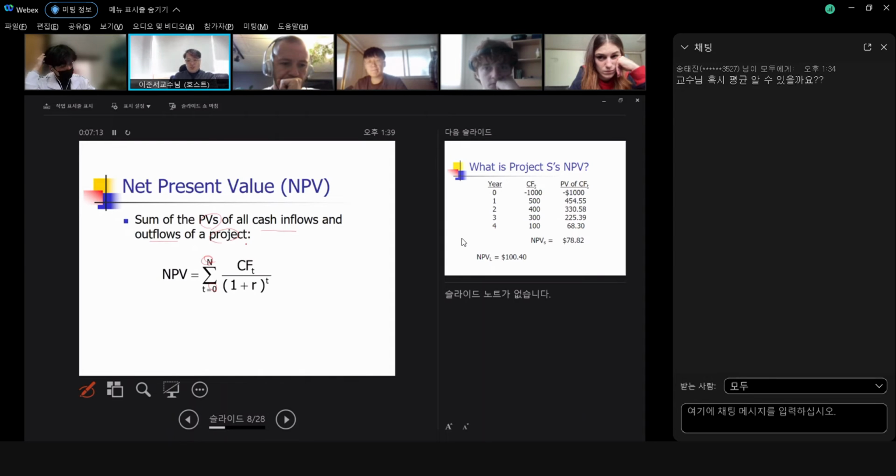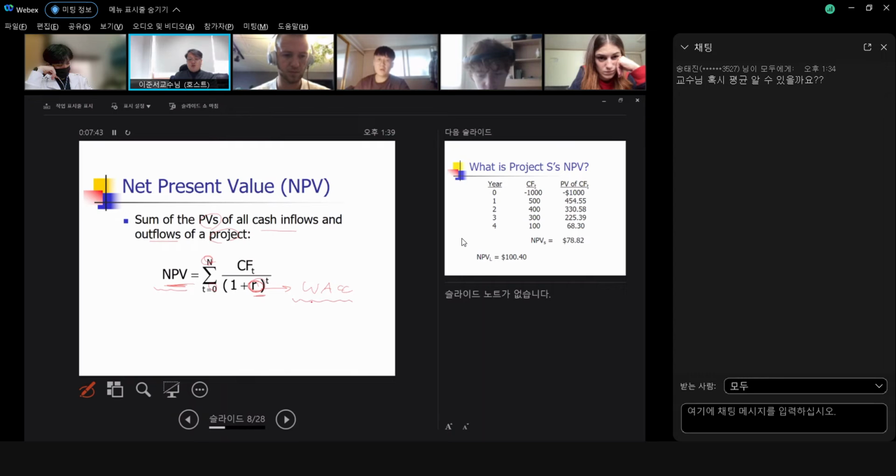We just calculate the present value, reflecting the time value of money. That's the net present value. But the important thing in calculating the net present value is the discount rate R. This R is WACC. So be careful, we should use WACC as the discount rate in net present value.